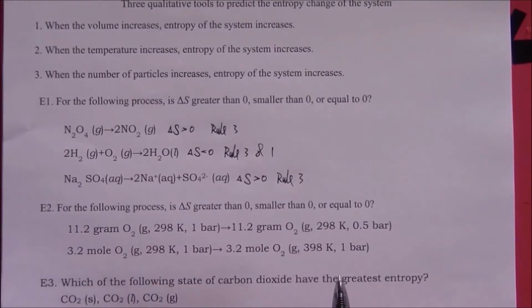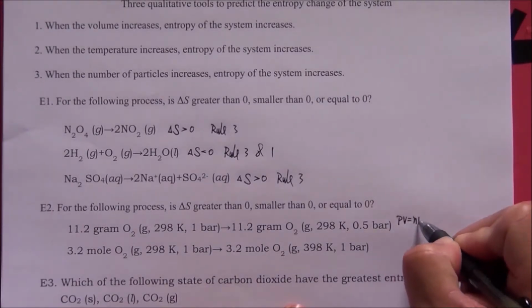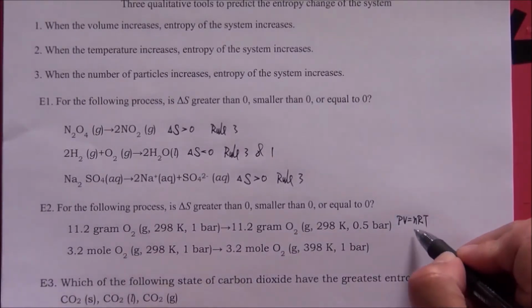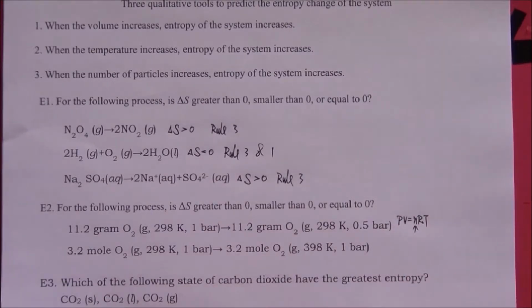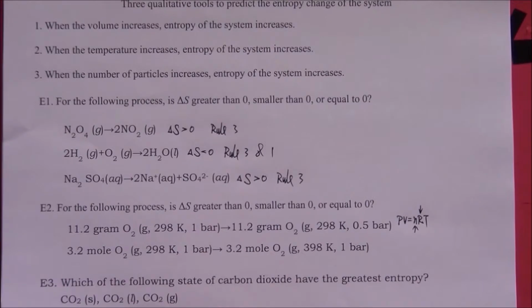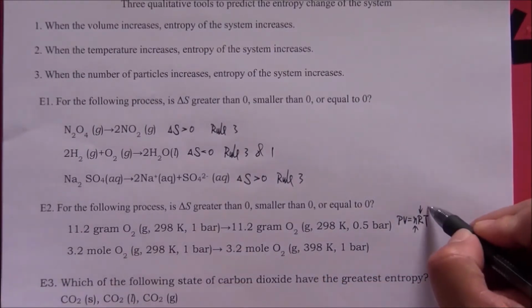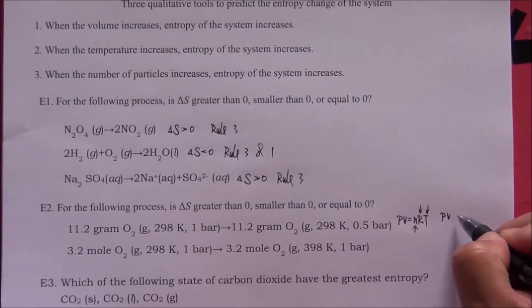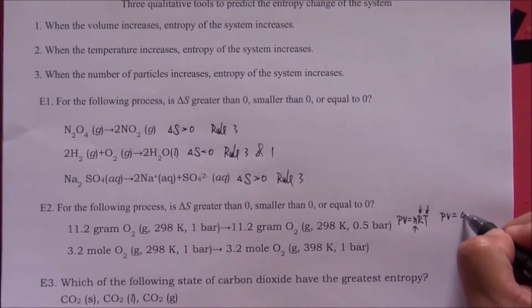But we do know the ideal gas law. PV equal to nRT. Since the mass of oxygen gas does not change, the moles should not change. And R is constant, it doesn't change. And the temperature remains the same. So the pressure multiplied by the volume should be equal to a constant.